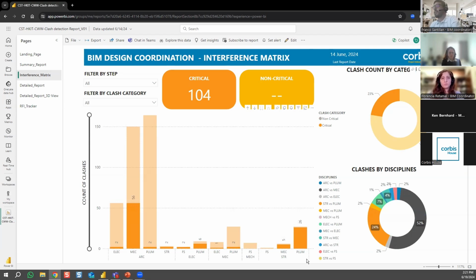So in this specific case, we find more critical clashes in architectural versus mechanical. So it can be useful to have a discussion or maybe a meeting to coordinate this mistake between those teams to coordinate the entire design.